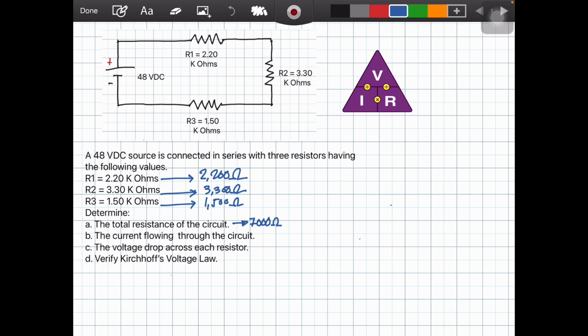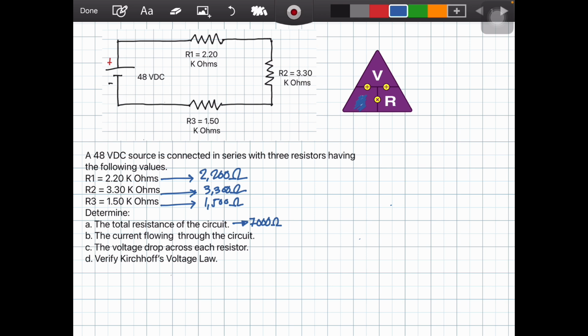So how do we find the total current of the circuit? As you can see, there is a purple triangle at the upper right of the screen. When we find the current I, say we take out that one, what remains is the voltage and the resistance.